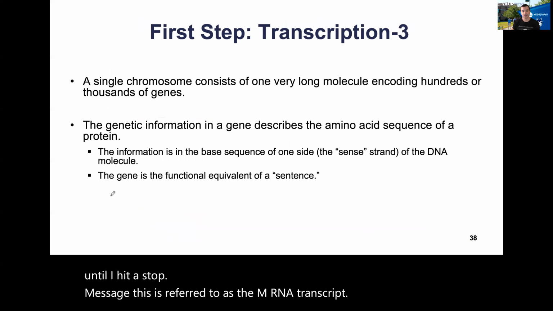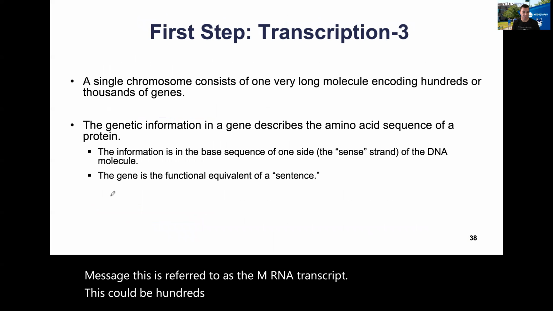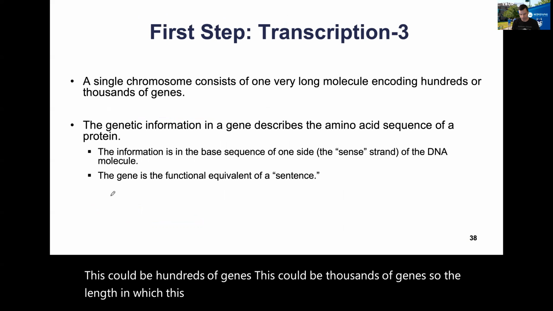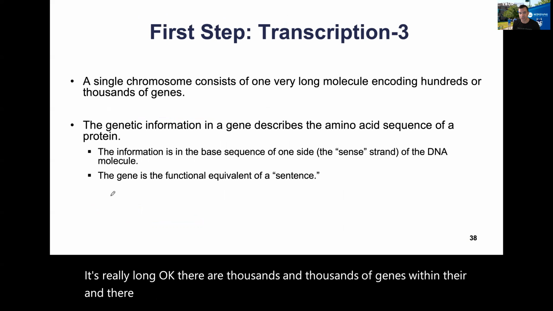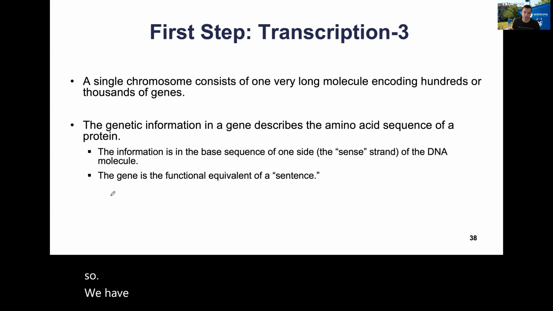Now, this could be hundreds of genes, this could be thousands of genes. So the length in which this occurs, I'm not going to say it's only like 15 base pairs. It's really long, okay? There are thousands and thousands of genes within there, and there may be several genes that code for a single different thing. So we have to copy as much as we have to, all right?